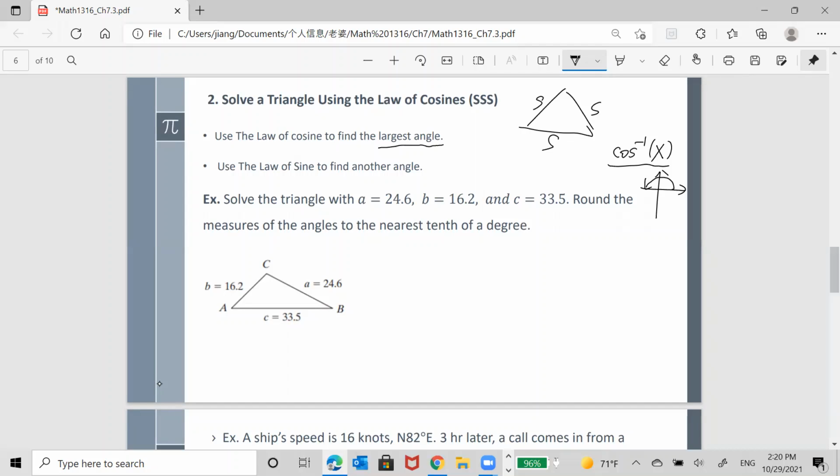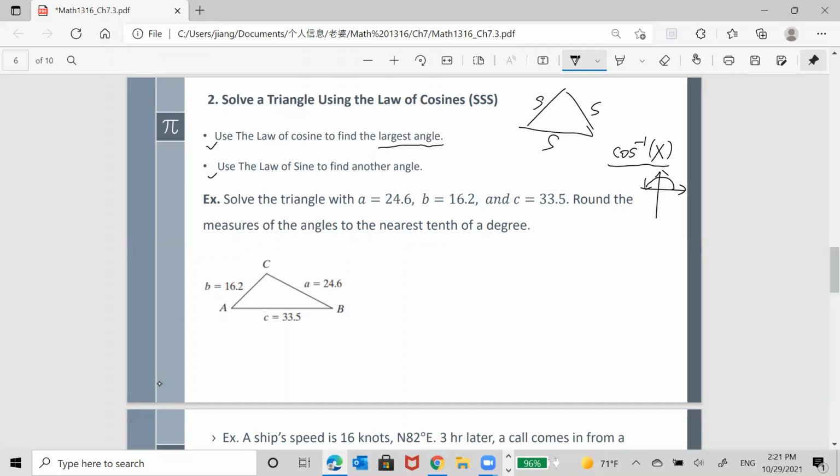That's a good angle I like, because if it's acute, it's here. If it's not acute, it's obtuse, in the second quadrant. So the calculator will provide us the accurate angle for the inverse cosine. This is the first step.